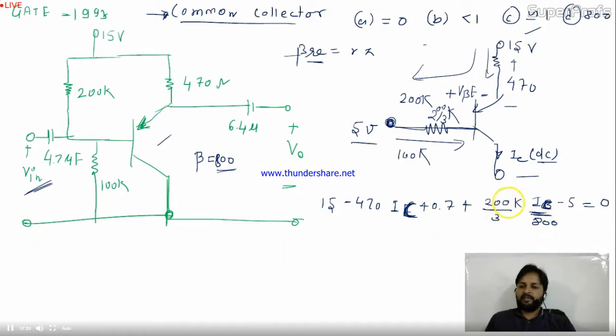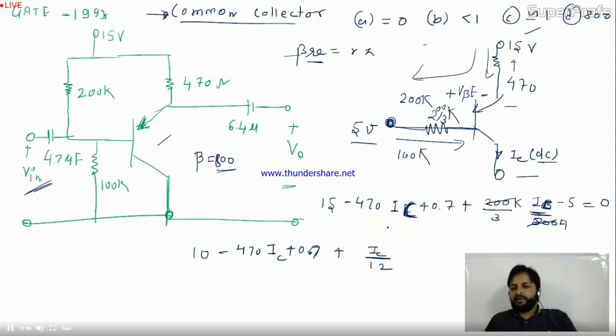So this 800 and this 3 will go 4 times. So ultimately you are having 15 minus 5, 10, minus 470 IC, plus 0.7, plus this is 0.7, okay, plus this is 4 and 12, IC by 12. Am I correct? And this is in K actually. Is it okay? Equal to 0.